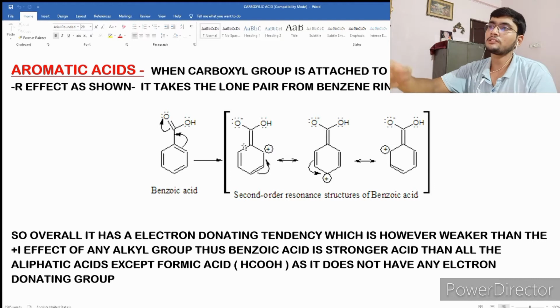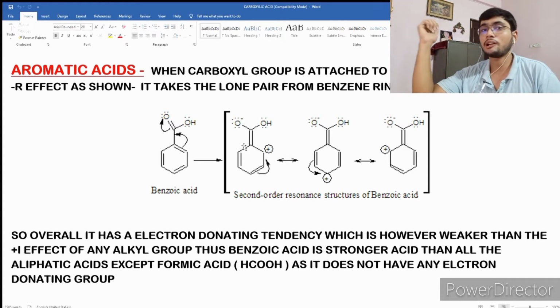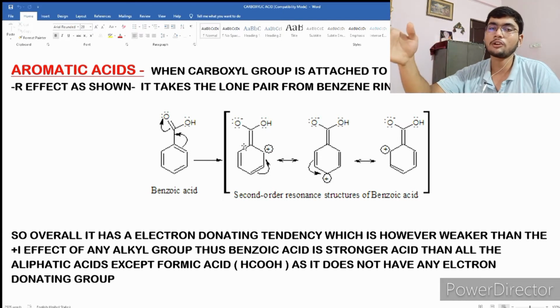Okay, that the benzene ring will destabilize the conjugate base of carboxylic acid, but it will not destabilize it as much as the aliphatic acid does. Basically the plus I effect of the alkyl group is much more than this effect. Okay, so that's why the benzoic acids are basically stronger acids than the aliphatic acids.